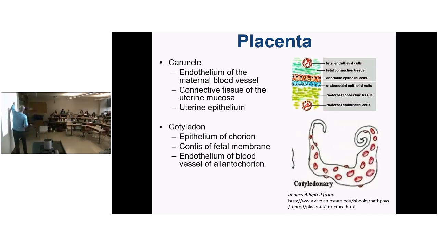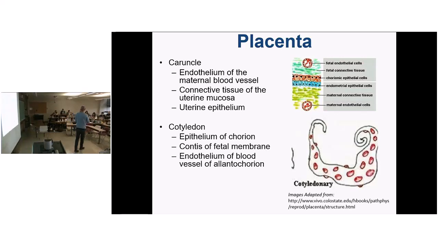You're going to have instances where the endometrial epithelial cells here will be gone, so you'll have more of the connective tissue straight with the epithelial cells. And in some cases, the endothelial cells are directly tied with those epithelial cells. So it depends on how this connection occurs.